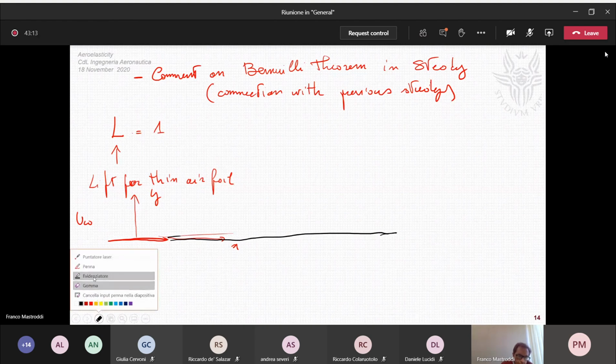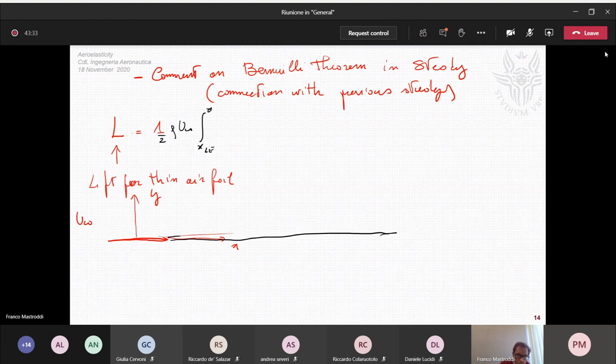We have that the lift is 1/2 rho u infinite, and you have the integral from the x at the leading edge to the trailing edge of the pressure jump. Why do you have this?